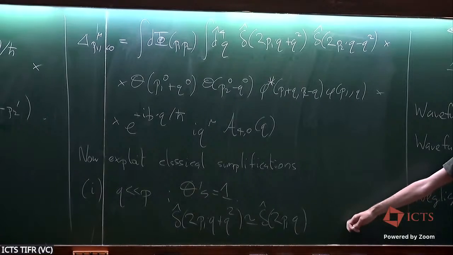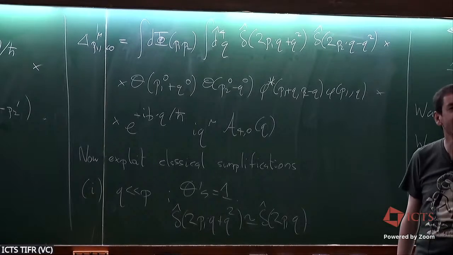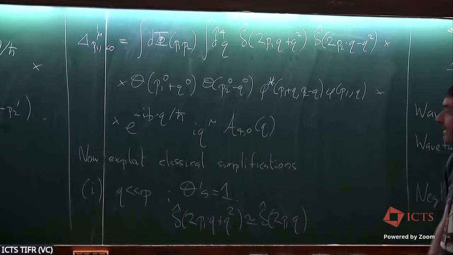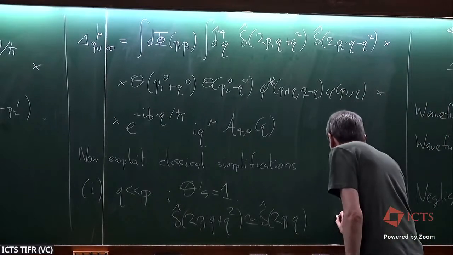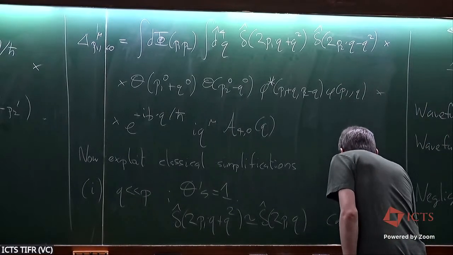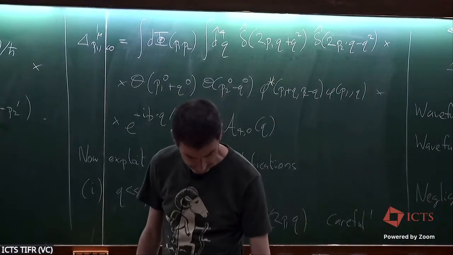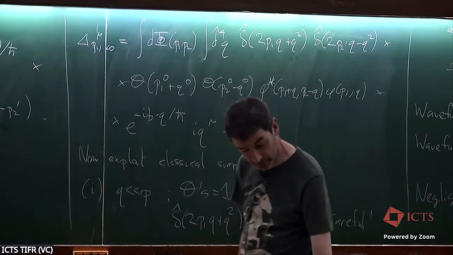Now this is a bit of a tricky one, and I'll come back to it. You need to be careful about this. Delta functions are very singular objects, so approximating delta functions is something we've got to do with some delicacy. But at leading order, this is fine. Let me just say careful, and I'll mention exactly why we need to be careful in a few minutes. But for now, it's fine.